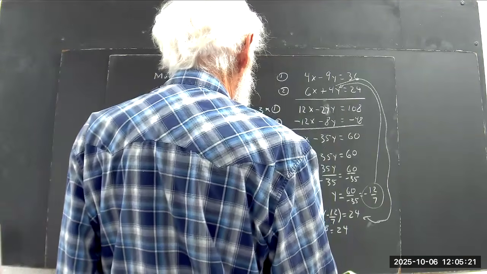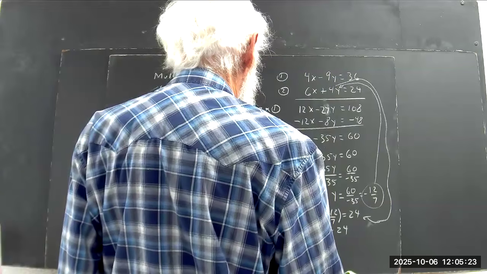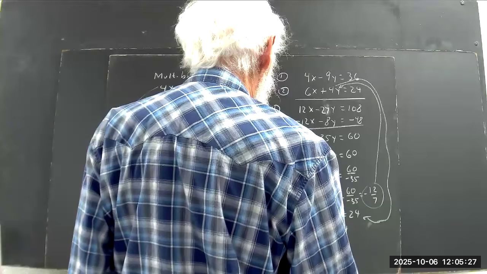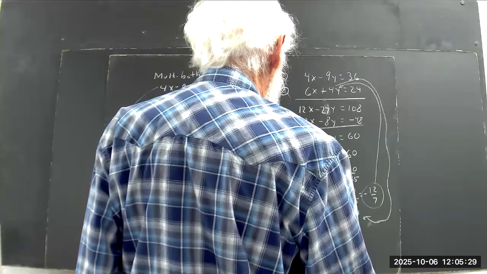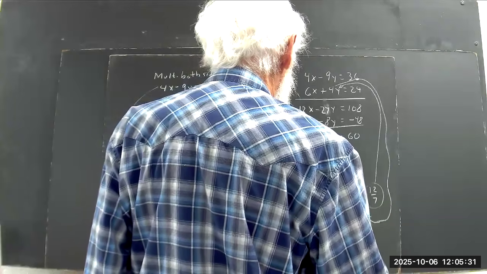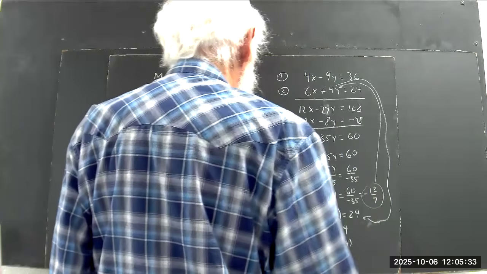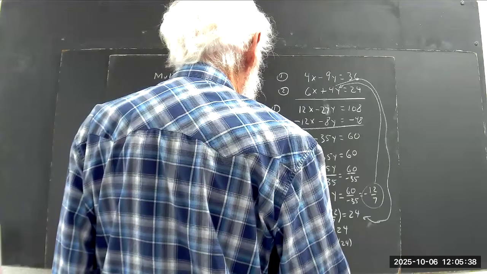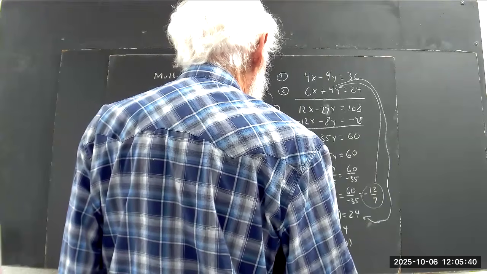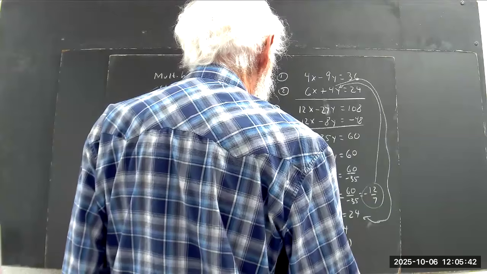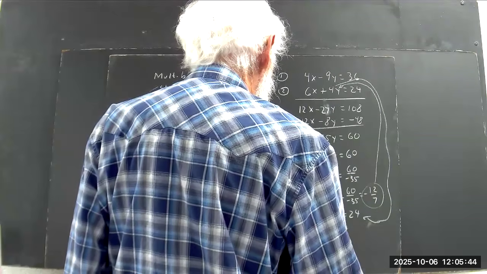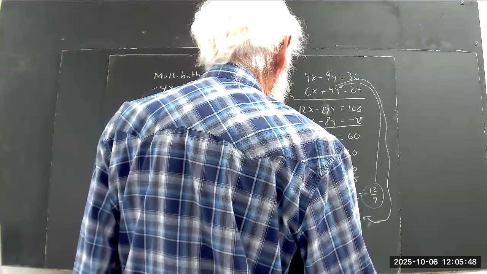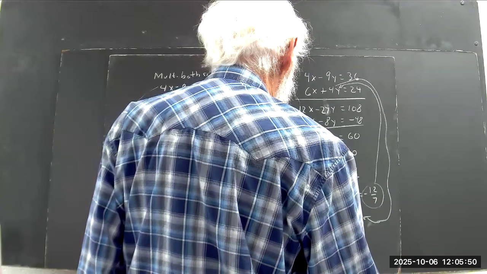Now I multiply 7 times 6x minus 48 sevenths equals 7 times 24. That gives me 42x minus 7 times 48 sevenths equals 168.